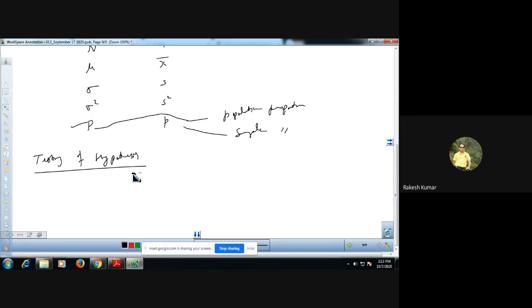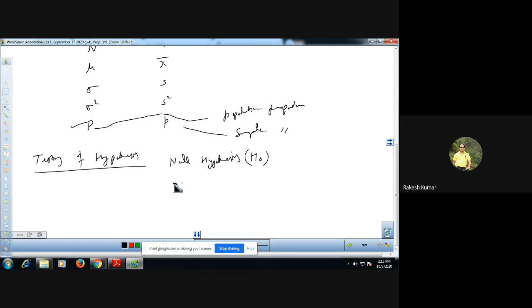So for testing the hypothesis, first of all, we shall state a null hypothesis. It is denoted by H naught. And what is the null hypothesis? It is a definite statement about the population parameter.